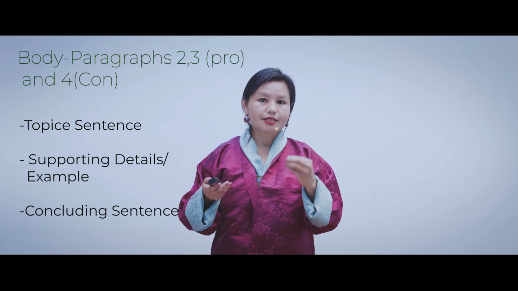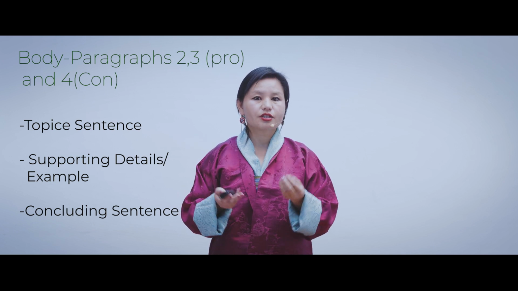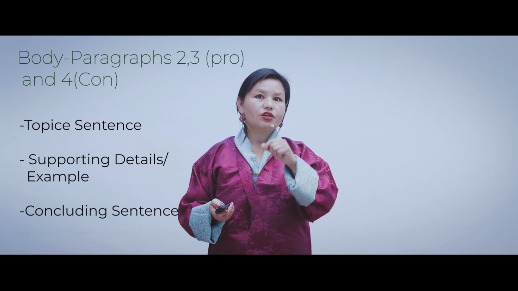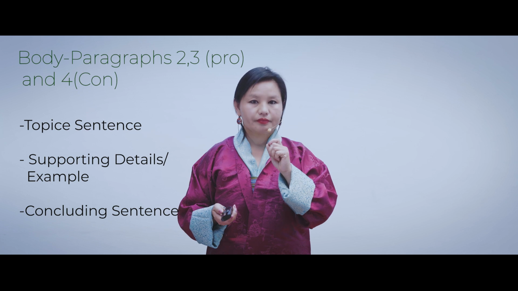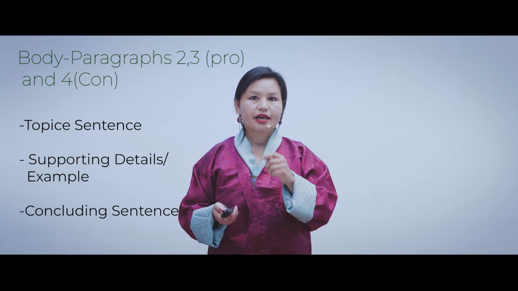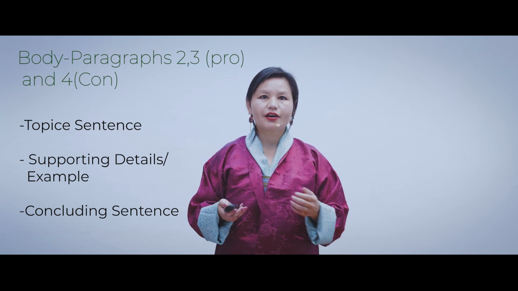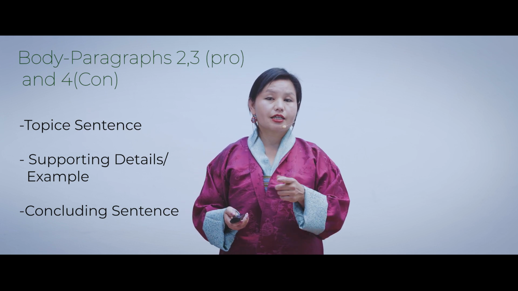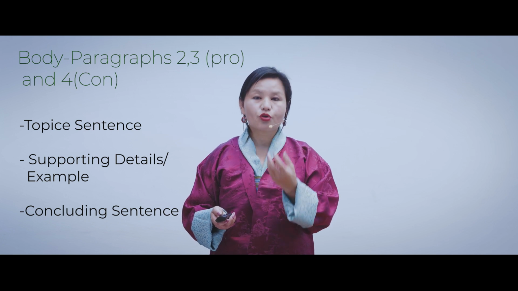These topic sentences talk about the main idea. To support your topic sentence, you should again come up with examples, elaborate using evidence, and then have a concluding sentence to give a strong wrap-up of what your topic sentence talks about. So that is paragraphs 2 and 3, bringing your pro idea.